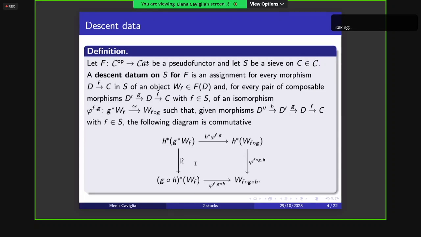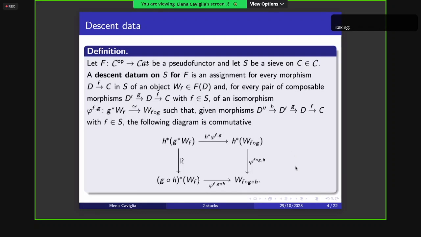And this commutative diagram is essentially saying that if we consider the isomorphism of descent along G, and then we post-compose it with the isomorphism of descent along H, we obtain almost the same thing as considering the isomorphism of descent along the composite of G and H. And this isomorphism that we have here is a canonical isomorphism just given by the fact that F is a pseudofunctor.